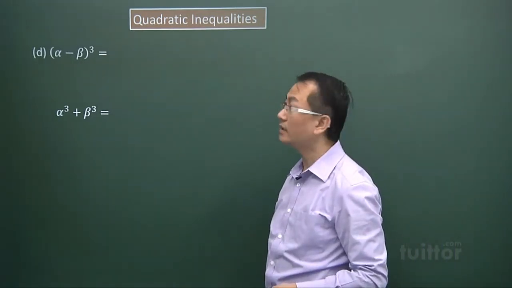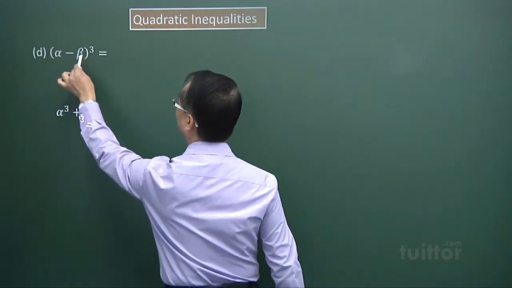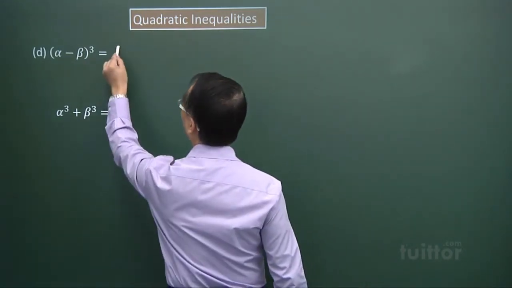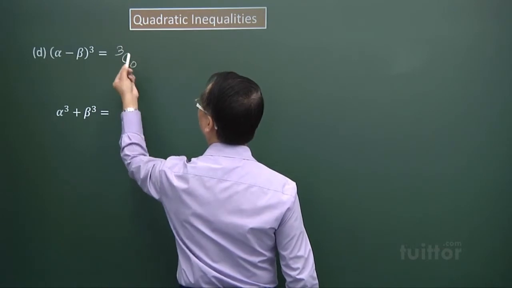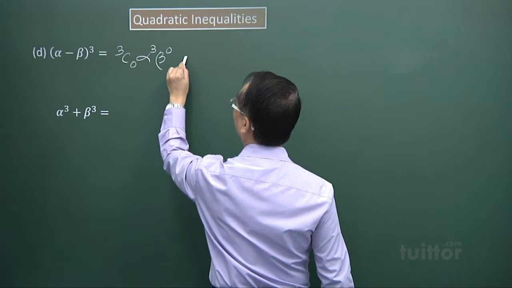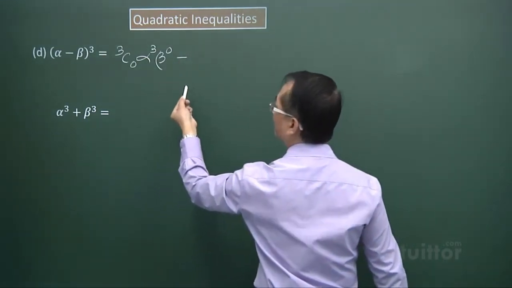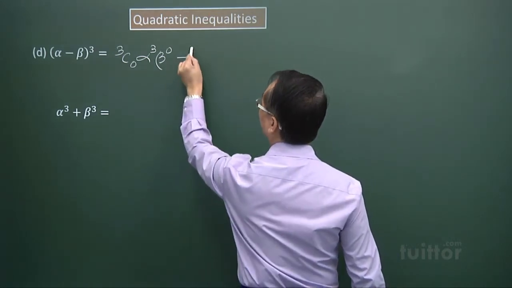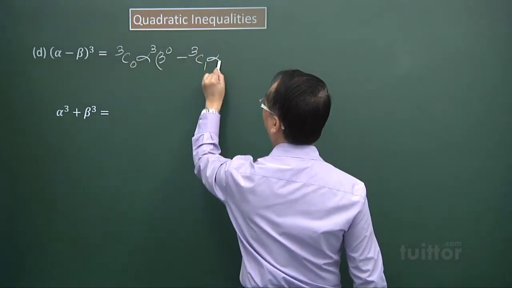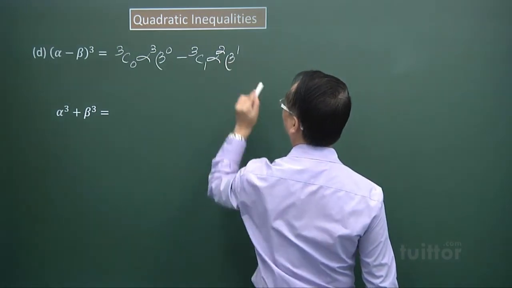The next one, D, we are looking at the cube of the difference of two roots. So using the binomial theorem, I will have 3C0 alpha cube times beta to the power of 0, minus 3C1 alpha to the power of 2 and beta to the power of 1.